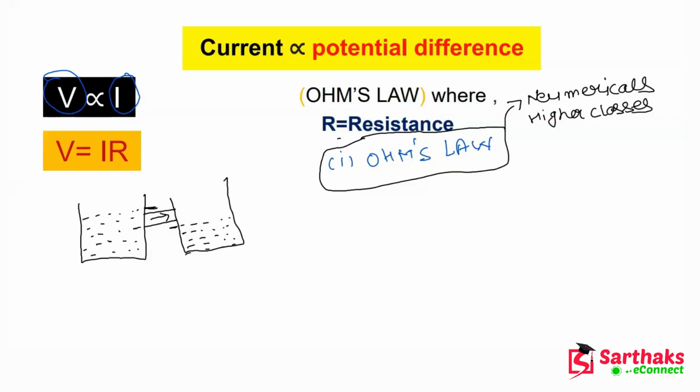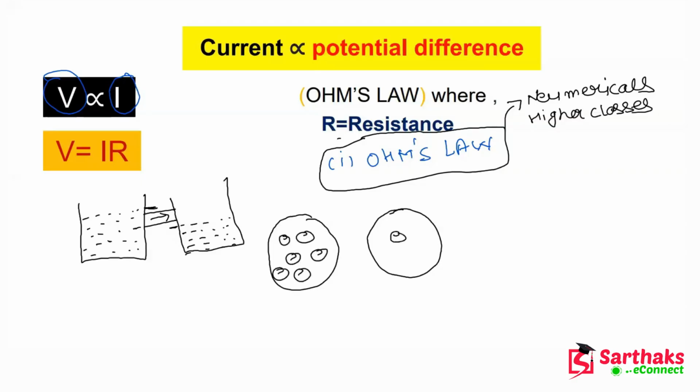The same thing happens with charges also. Suppose this is a metal and it has lots of negative charges like this. And suppose this is another metal, and here the density of charges is very less. If I connect these two metals by the help of a wire, where would the charges flow?